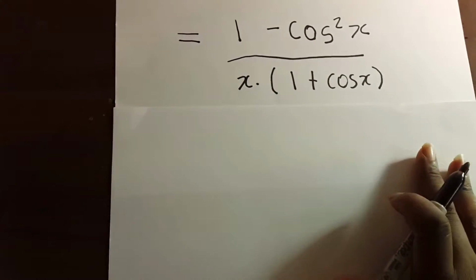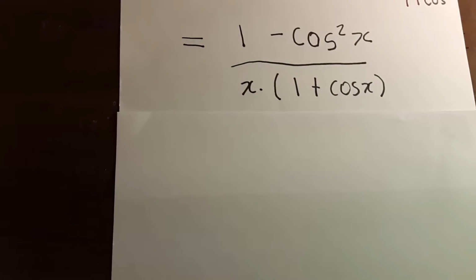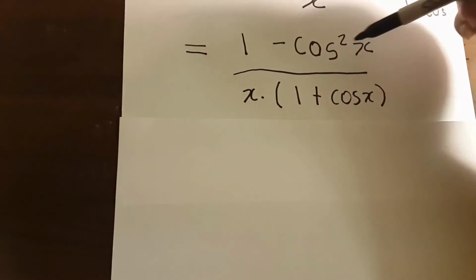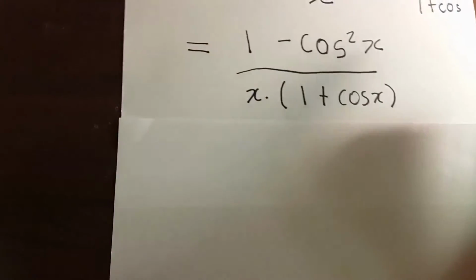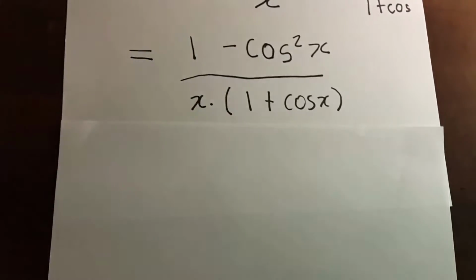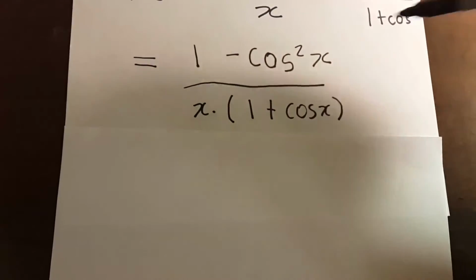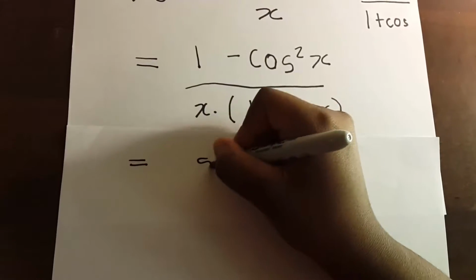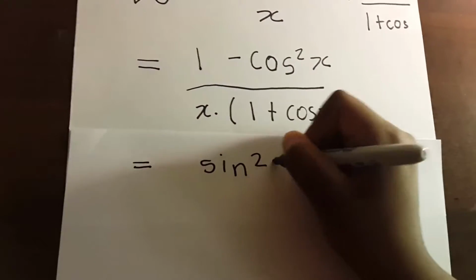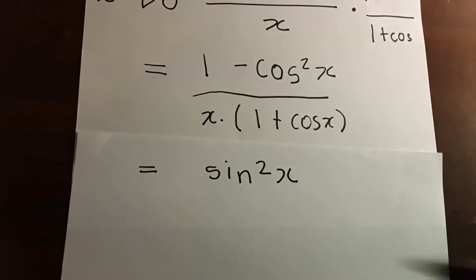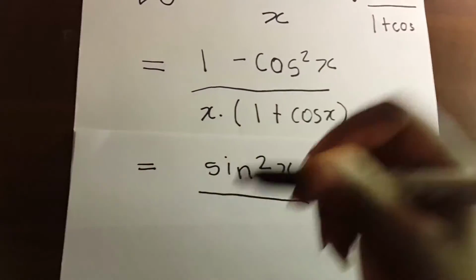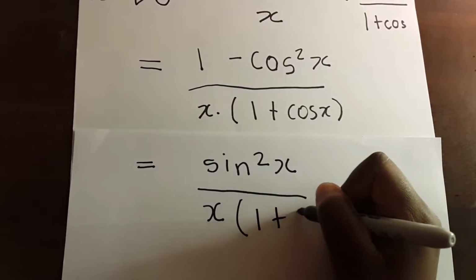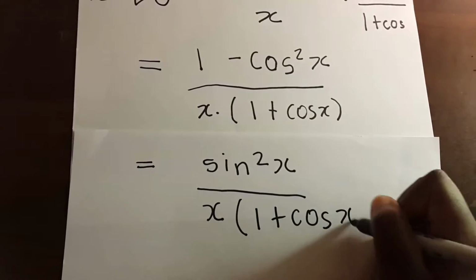Okay, so now here is what you have. 1 minus cos squared x is an identity of sine squared x. So the top is sine squared x, and the denominator is still the same, x times 1 plus cosine of x.